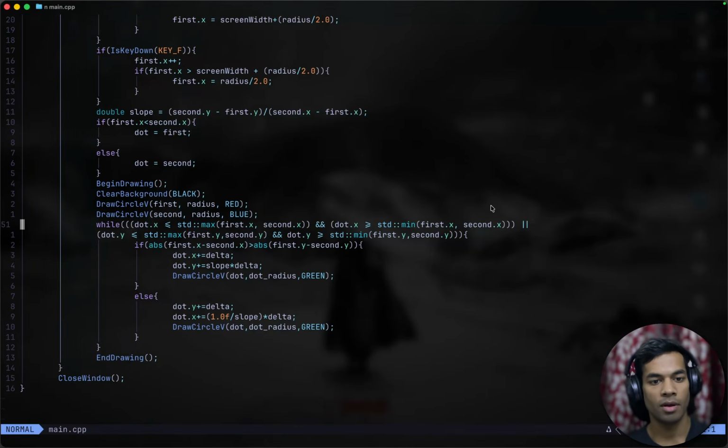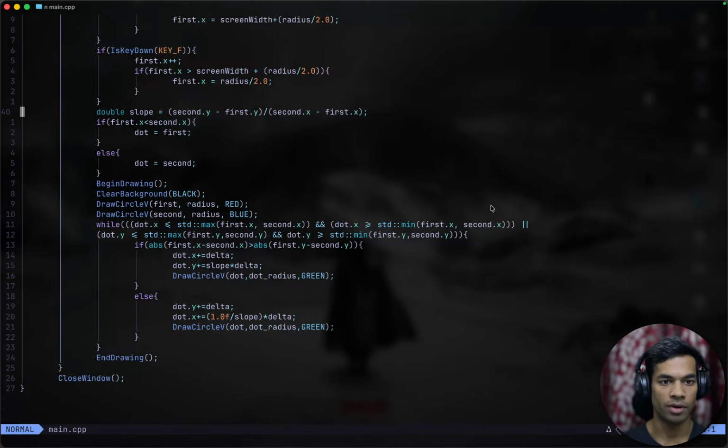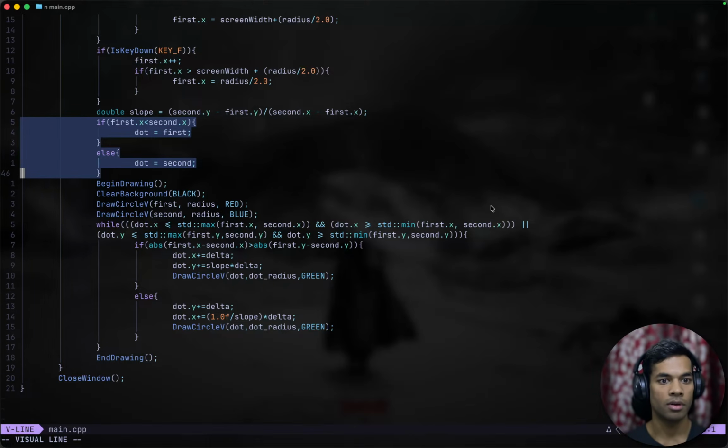Okay, so what do we have? Where is the dot thing? Yeah, here. Slope is nice. Slope is correct. And then x or y smaller out to the left, whichever one is on the left.